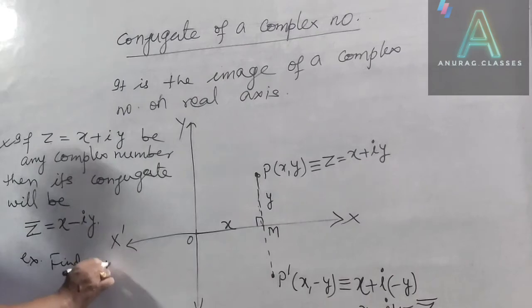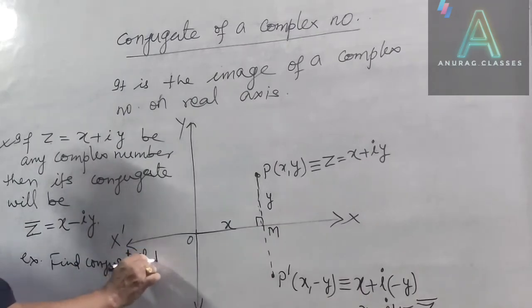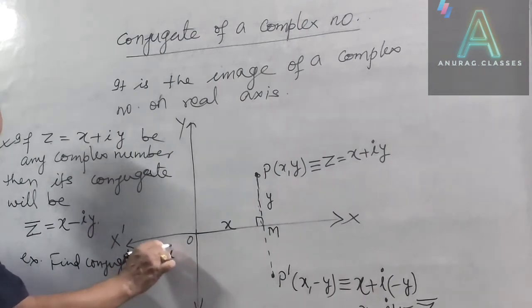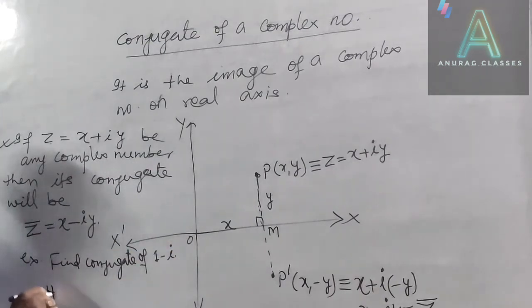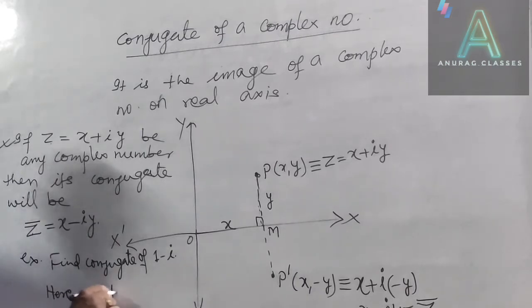Find the conjugate of 1 minus iota. Students, here you can see that the complex number z is 1 minus iota, meaning 1 plus iota into minus 1.